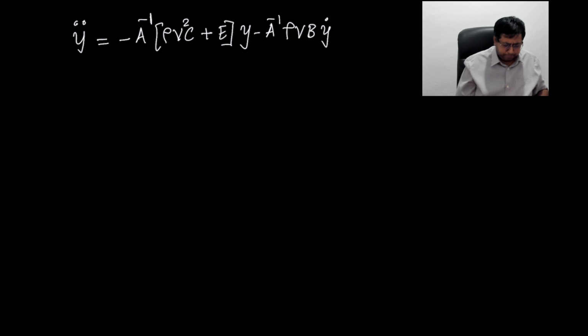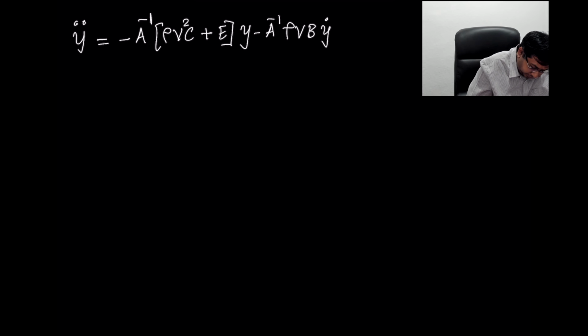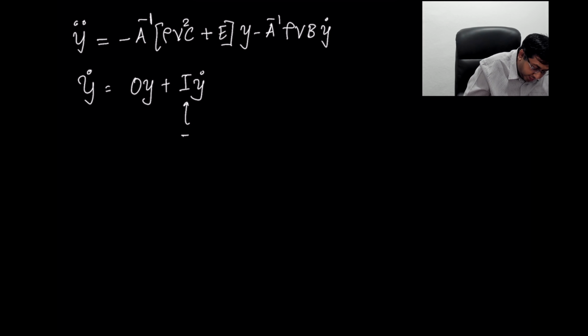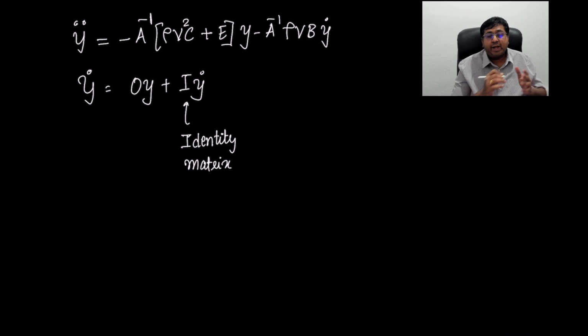So similarly, we can write our y dot is nothing but 0 into y plus I into y dot, where I is nothing but our identity matrix. Right? So we can just combine these two. We want to rewrite our equations in a form of y and y dot rather than y double dot.